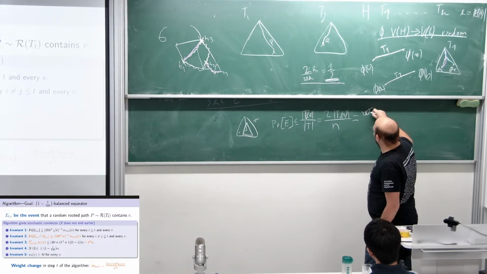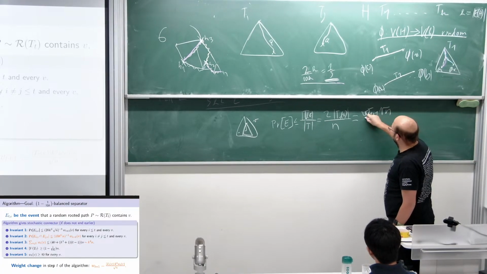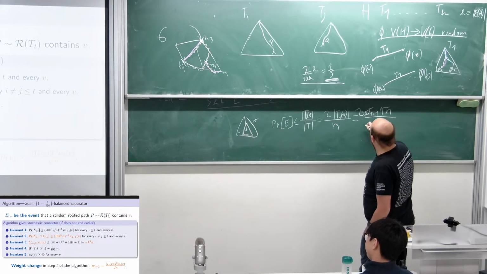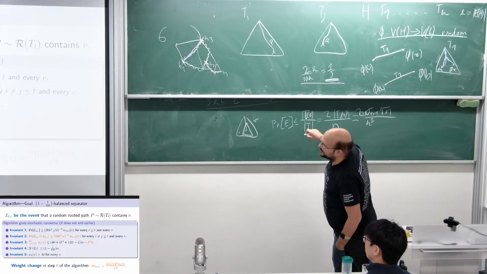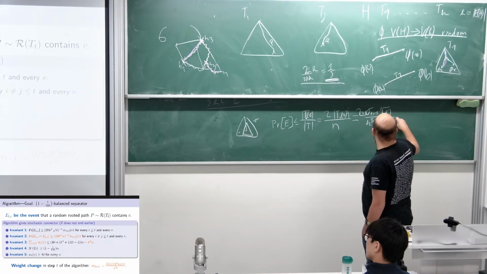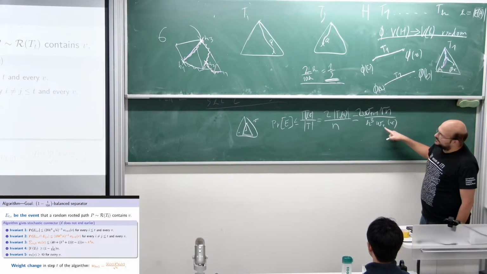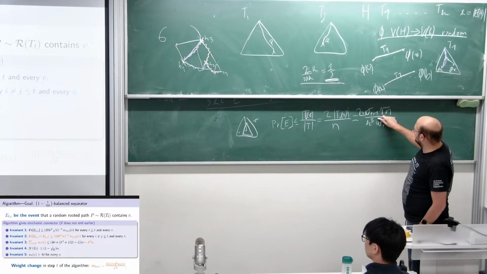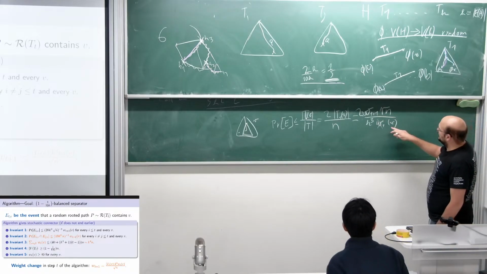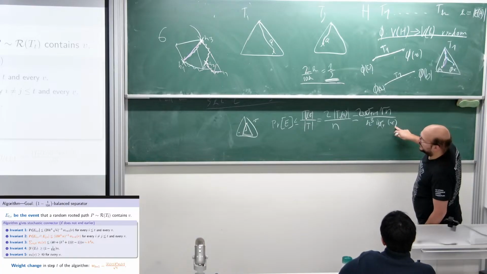Here we have w_{t+1} times square root of n, and on the bottom we have k^3 and w_t. Okay, so now we will use invariant 5 to say that this is somewhat big.